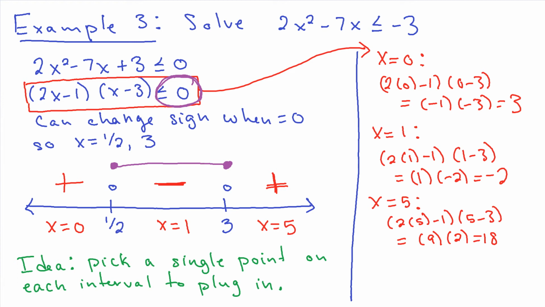So our solution is that x can be anywhere from 1/2 to 3, including the endpoints. So that is our solution in interval notation.